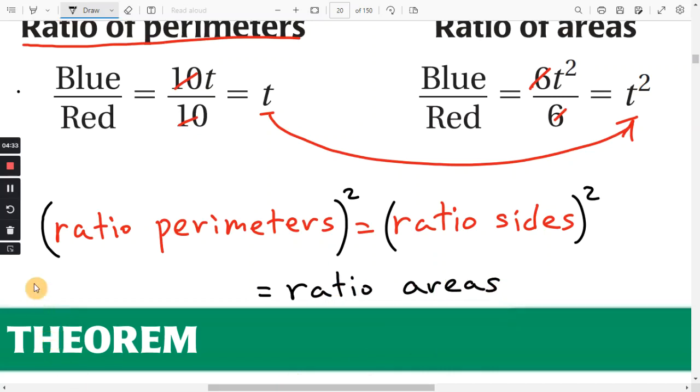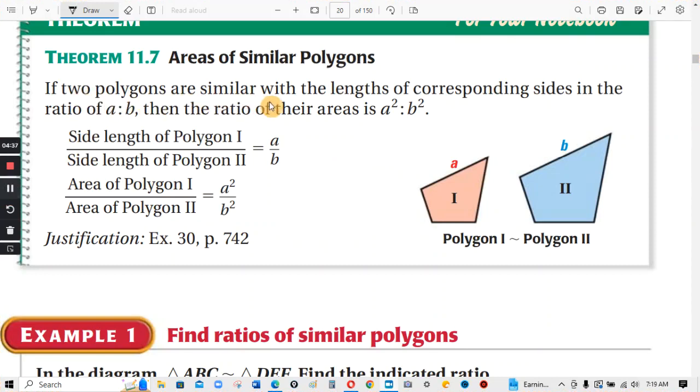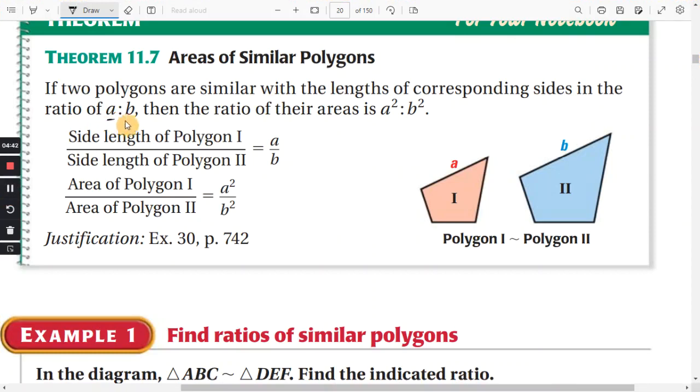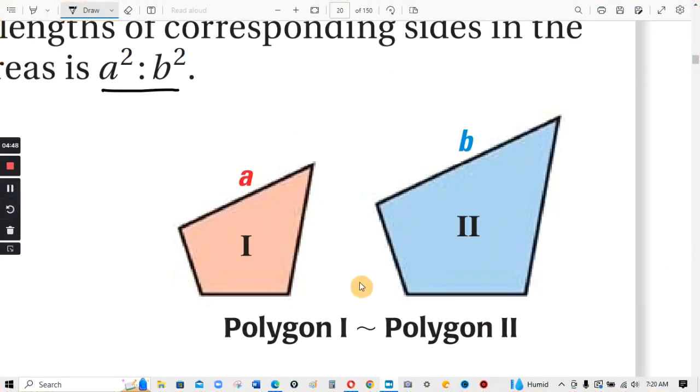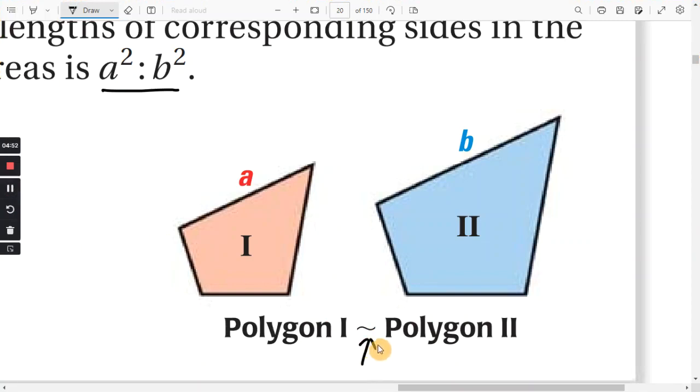So that's what we're doing here. If two polygons are similar with the lengths of corresponding sides in the ratio of a to b, then the ratio of the areas is a squared to b squared. So these are similar polygons. This symbol here means similar to.